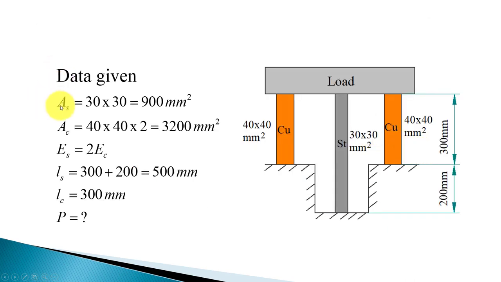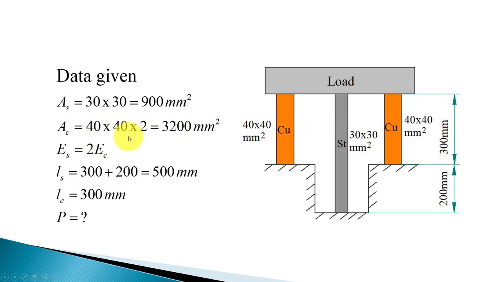The data given is tabulated here. AS is 30 into 30, that is 900 mm square, that is area of steel rod. Area of copper rods is 40 into 40 into 2, because two copper rods are there.